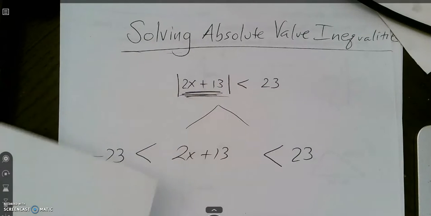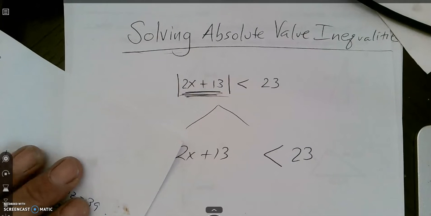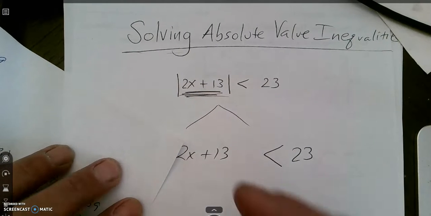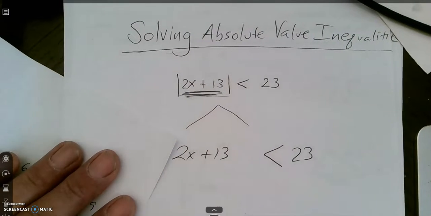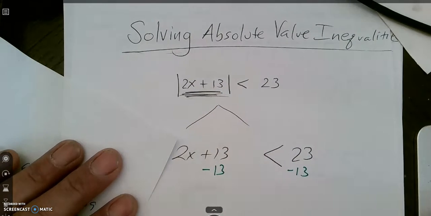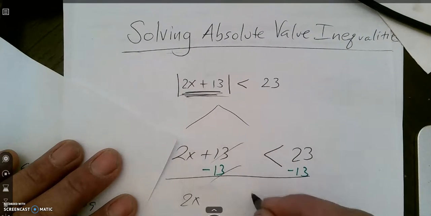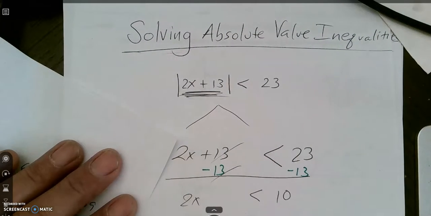I like to take a piece of scratch paper and cover up half of this. I don't need to see this whole half here, so I'm going to cover up half that. And if we were just solving that part, it would be minus 13, draw a line, and we get 2x, bring this down, and 10.